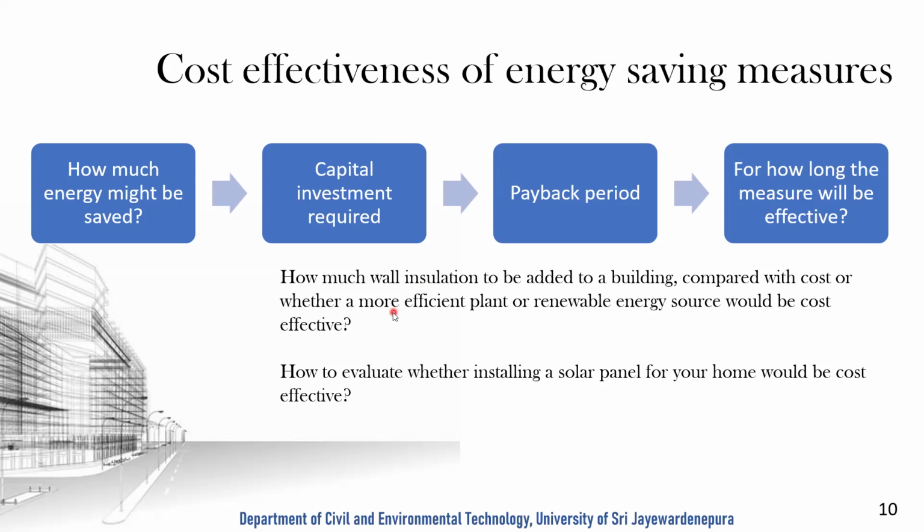Another case can be wall insulation, if you want to add insulation to a wall, or replacing an old generator, old air conditioner, or old boiler in your factory, or, like in our assignment that we are discussing, installing a renewable energy source, for example a PV system or solar system.